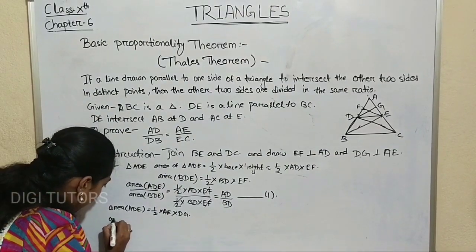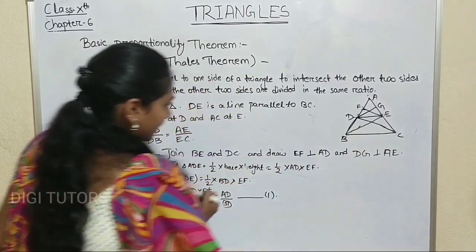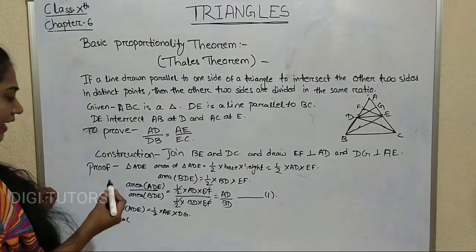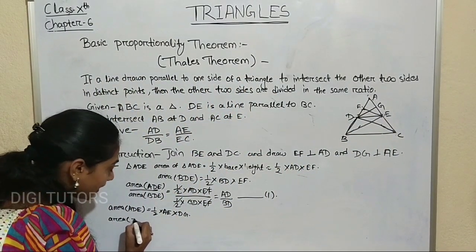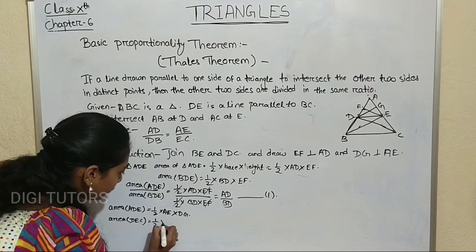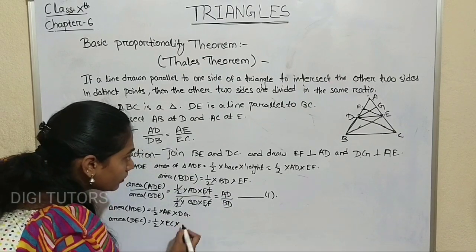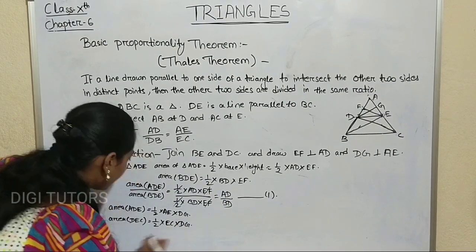Similarly, if we find the area of triangle DEC, EC is the base and DG is the height, half into EC into DG.